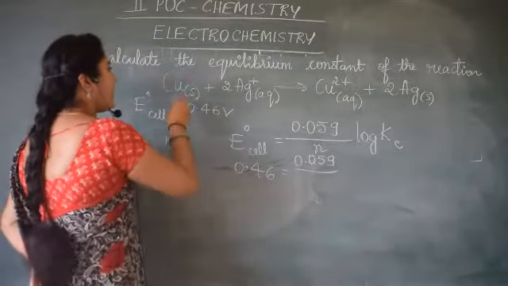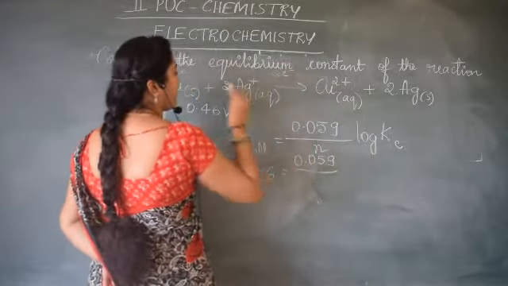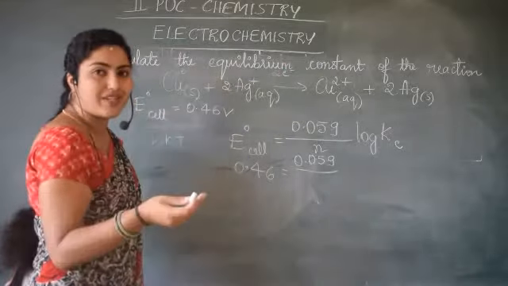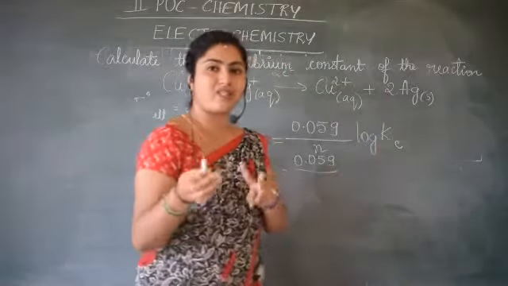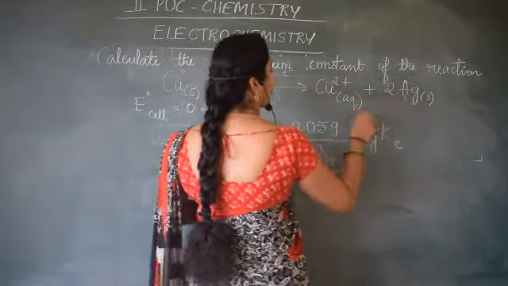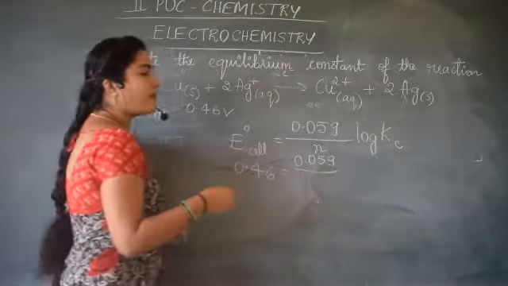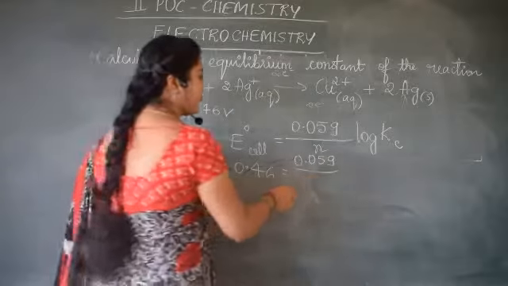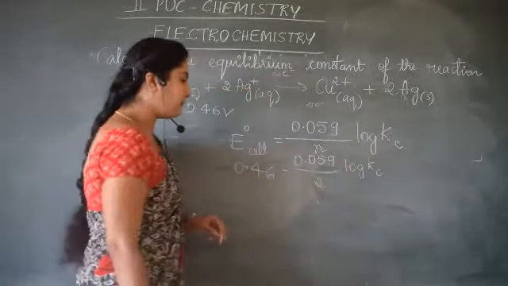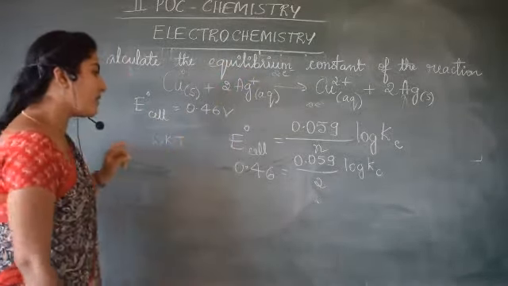Now see, here copper was 0, now it has been converted to 2 plus, so there is a difference of 2 electrons. Here 2 Ag plus is getting converted into 2 Ag, therefore 2 electrons again. There are 2 silver ions which have been reduced, so 2 electrons again. Therefore the number of electrons will be 2, log Kc. Now you are asked to calculate the equilibrium constant value.